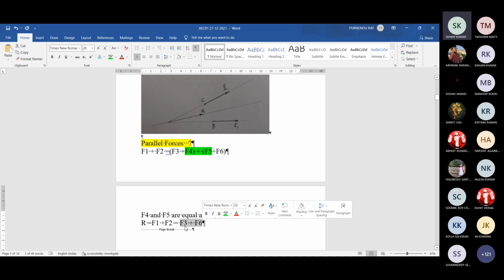Because we draw those lines by hand, and we intentionally make this resolution in such a way that F3 and F6 cannot be parallel to each other, and definitely there will be some point of intersection. Geometrically we find that point of intersection by extending the lines of action of the forces F3 and F6, and through that point the resultant F1 plus F2 is acting. It's very simple, and you can try it with your paper, scale, pencil, eraser. That's all.